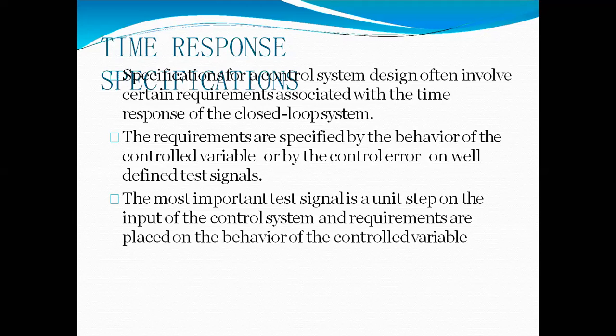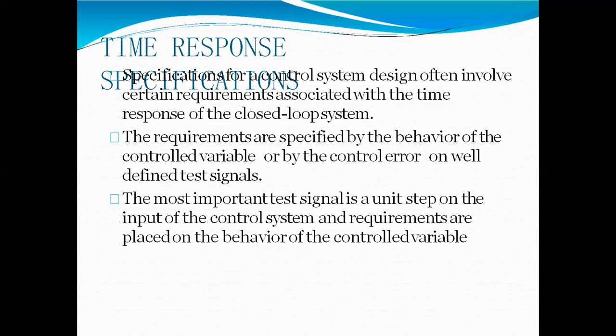The requirements are specified by the behavior of the control variable, or by the control error, on a well-defined test signal. Try to analyze the E of S signal, then go for finding the control variable for the given behavior.